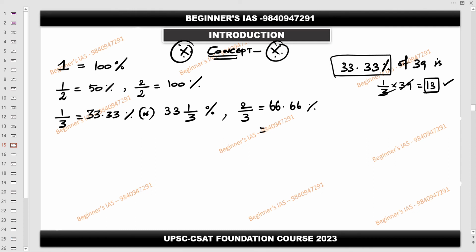Now listen carefully. This 0.66 can be written as 2 by 3, so 66.66 can be written as 66 2 by 3 percentage. The next is 3 by 3, which is obviously 100 percentage. People remember? Understood?